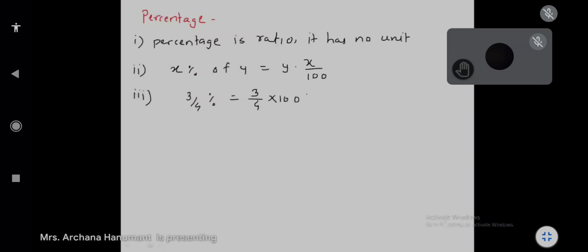So 25 into 3 is 75%. Okay, these are some percentage related notes.